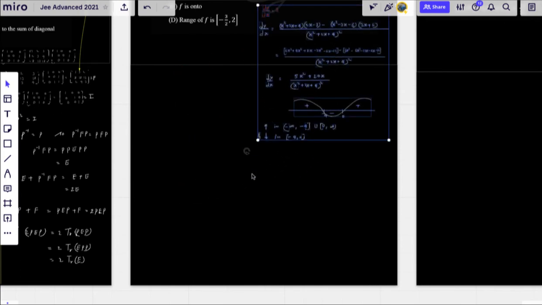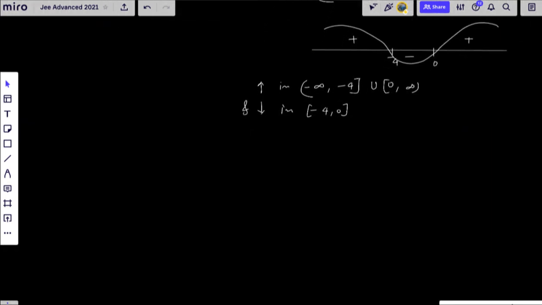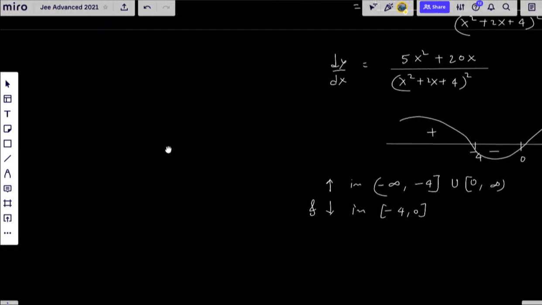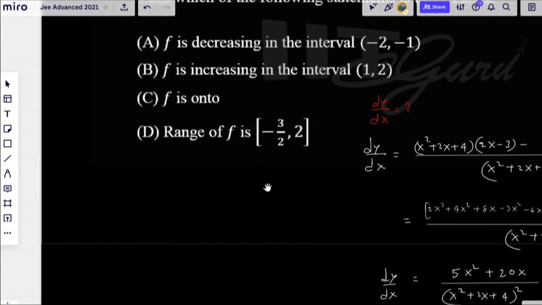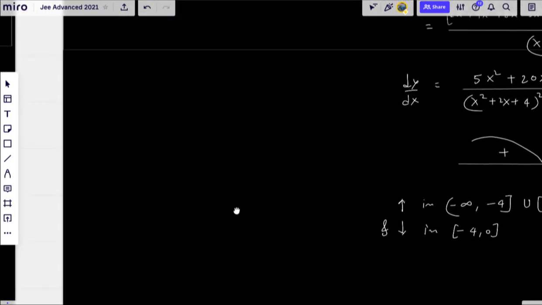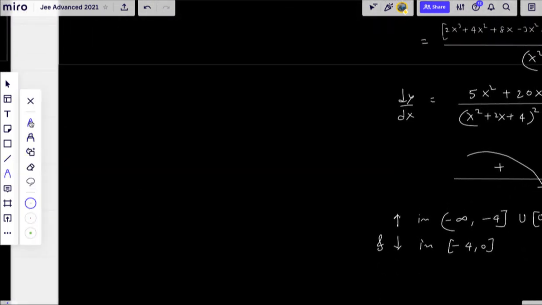Now we'll think about range. As the range of f is given, and f is an onto function, first of all we have to recall the range in different situations. So here we will find case 1 and 2 for the range.